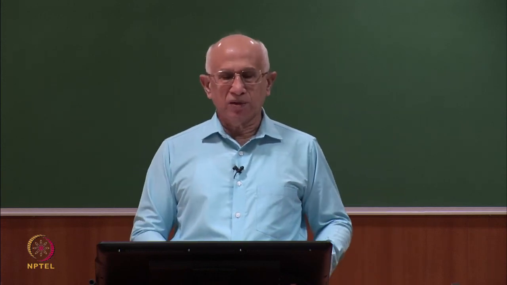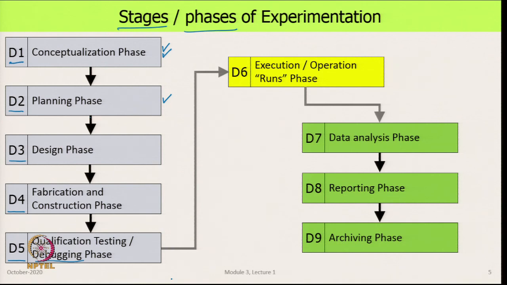Then we go to the next phase, which is what we do more often and call doing an experiment, which is this D6 phase, which is execution and operation, or we say runs.